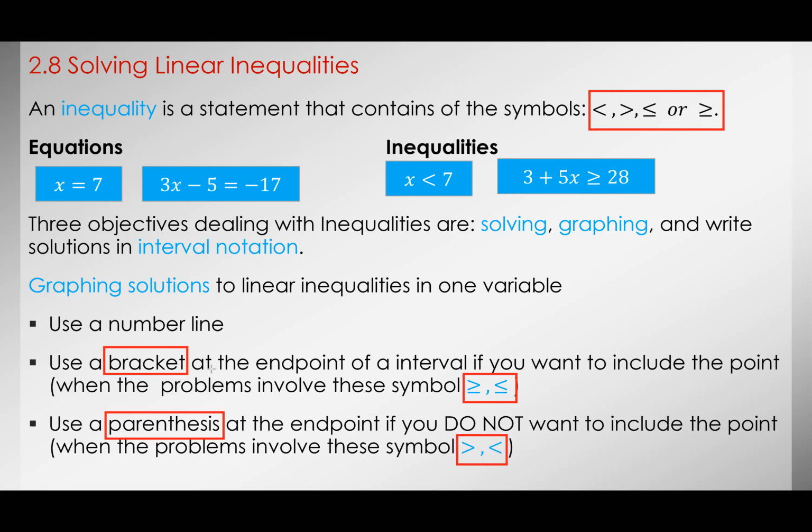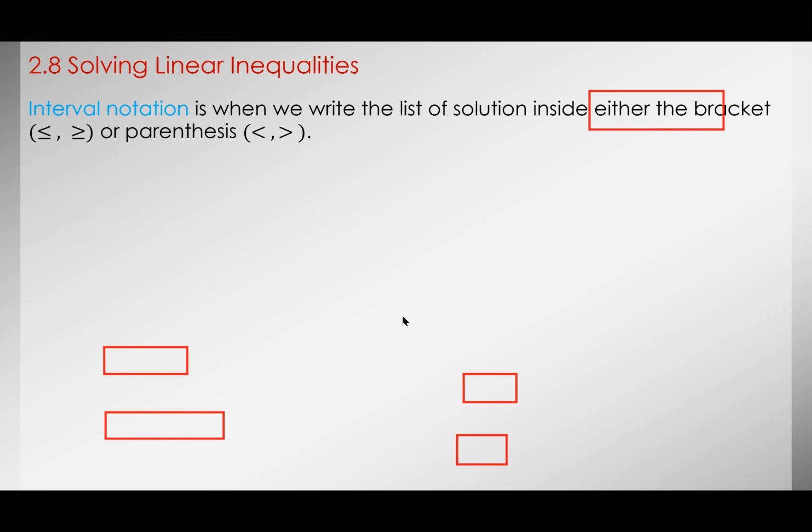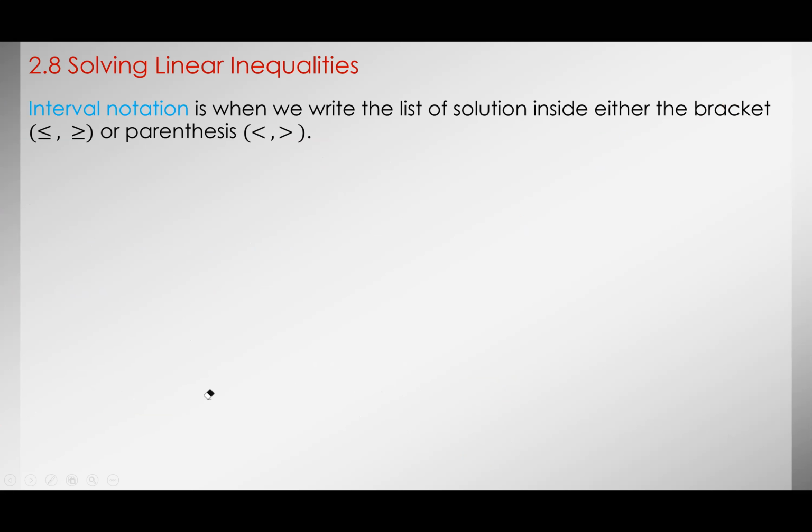The difference between the parenthesis and the bracket is that it tells you whether you can include the endpoint. So that's one thing, which is to graph. Let's take a look at this item, and you all know how to graph this here. If we look at this problem, I will mention more about interval notation a bit later, but let's take a look at the graph part.